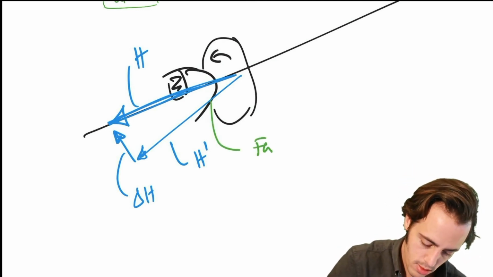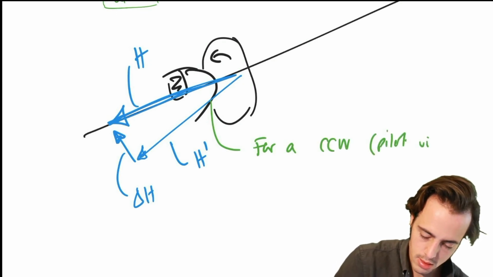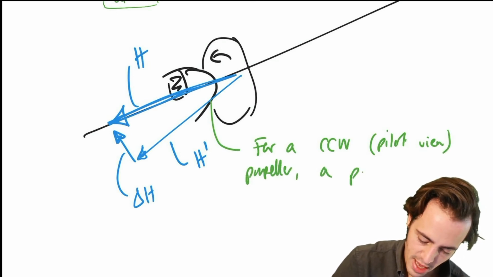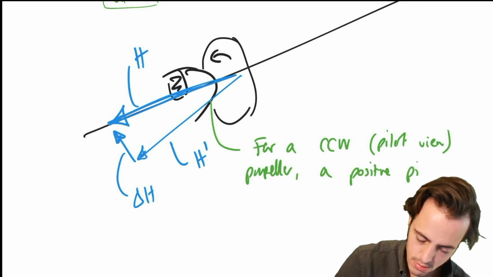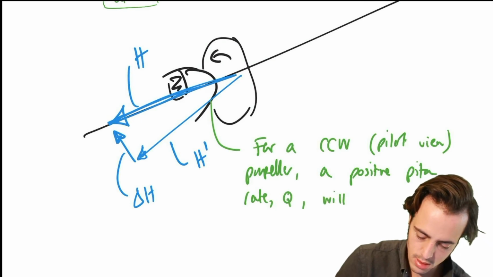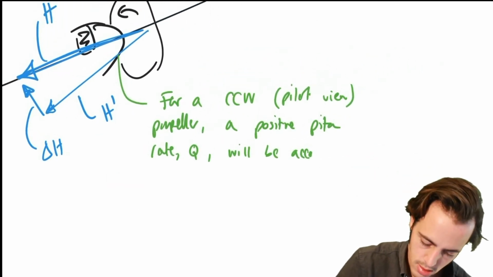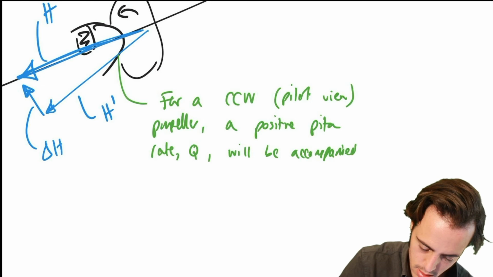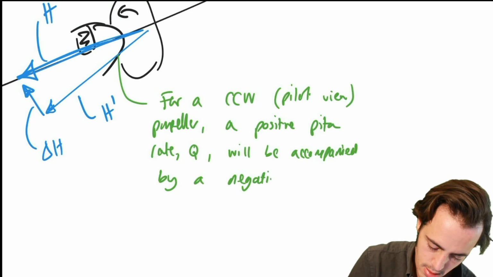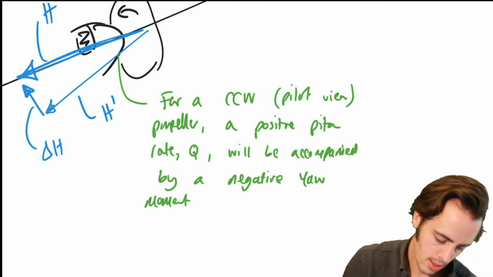So for a counterclockwise pilot view propeller, a positive pitch rate will be accompanied by a negative yaw moment.